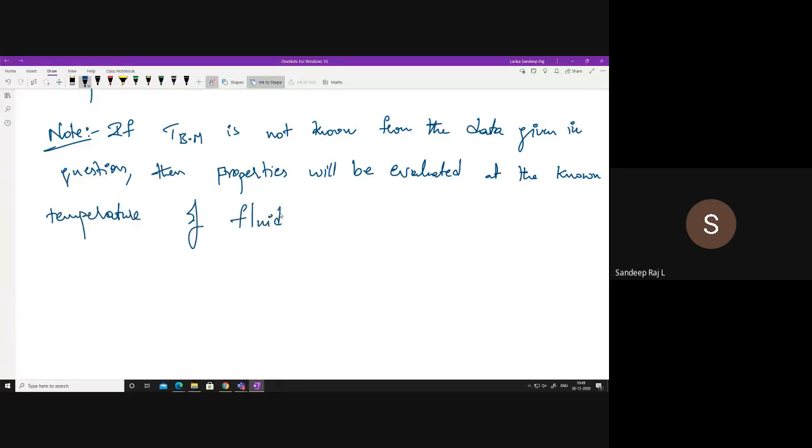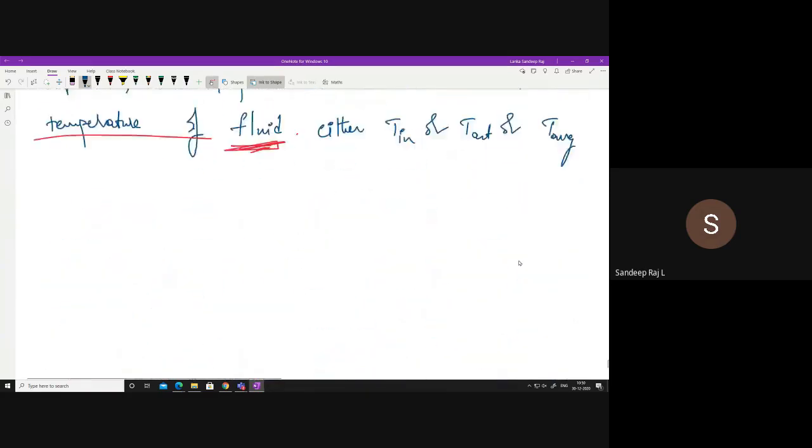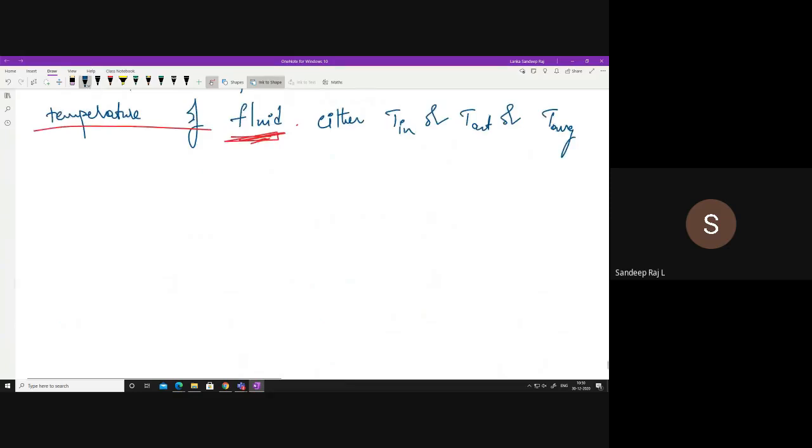This is very important. Whatever known temperature, it can be either T in or T out or T average sometimes. It can be anything. So that's what you will do if the bulk mean temperature cannot be found out. Then there is step three. Once you know the T bulk mean, you'll be calculating the properties.